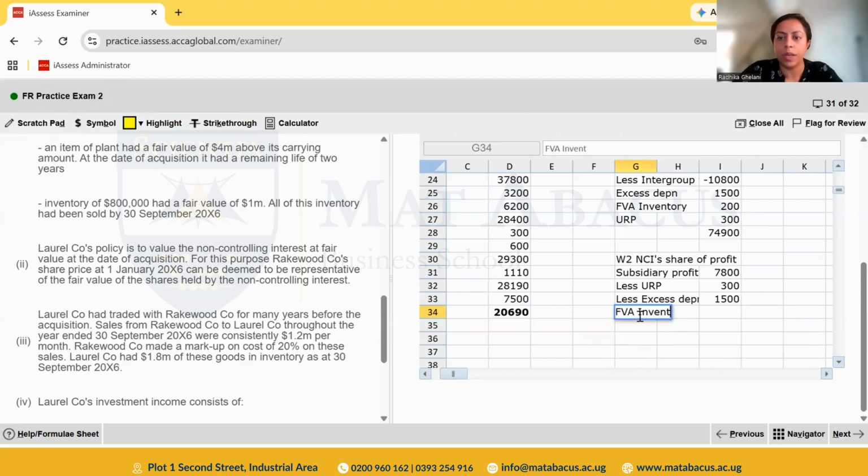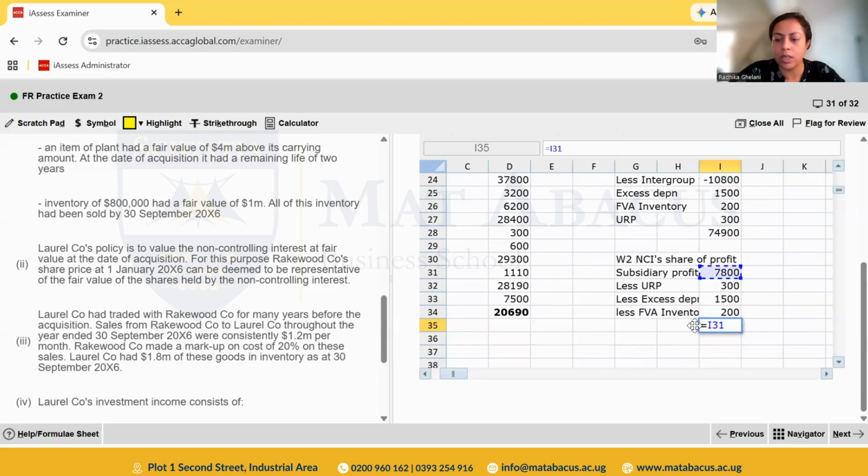And remember the inventory. We agreed that opening inventory was supposed to be higher than they stated. So opening inventory reduces the value of the profit because opening inventory increases cost of sales. So we're supposed to reduce the profit by that amount as well. I'm simply going to pick that from there, and that will give you your adjusted profit.